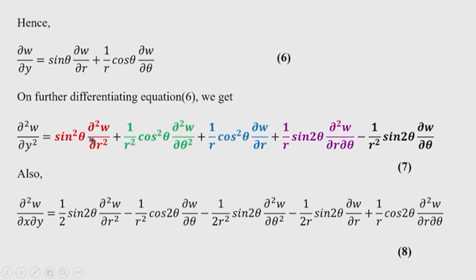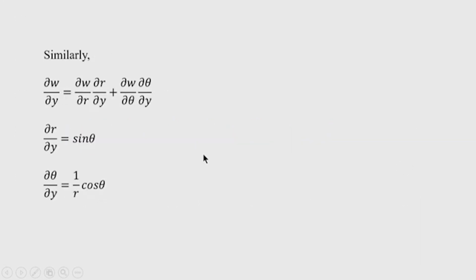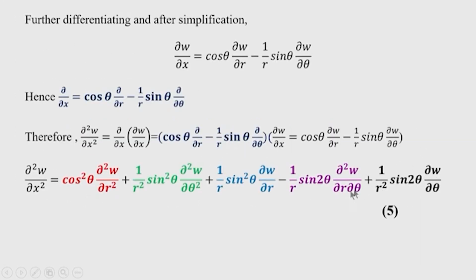Here you can see I have also used different colors for different terms. Previously also, in equation 5, I have used different colors for different terms. Now, let us take the first term of this Laplacian equation, that is del square w by del x square, a very popular equation.